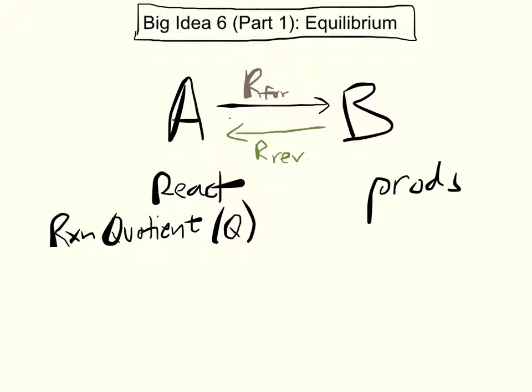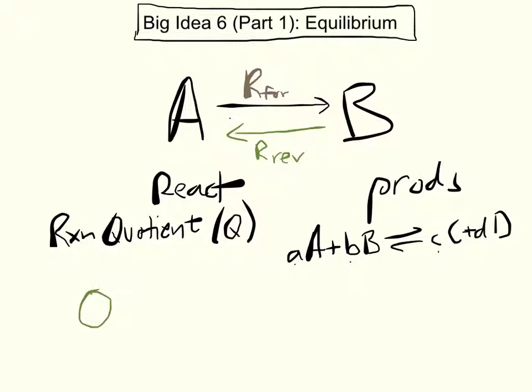So for any given reaction of aA plus bB going to cC plus dD, where the little lowercase letters are the coefficients of the balanced reaction, we can write the reaction quotient Q, and it's always going to be the products divided by the reactants.